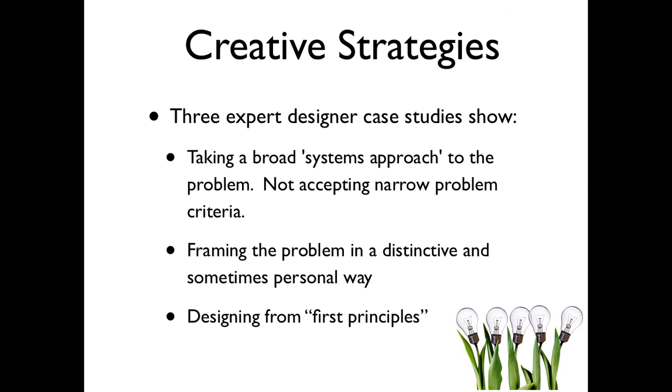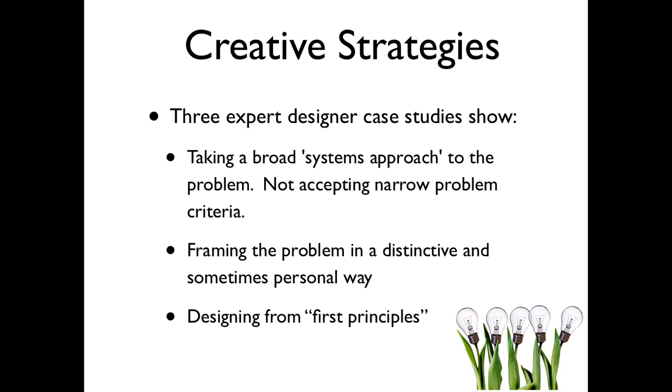In the next chapter from Cross on creative strategies, he goes through 3 case studies of expert designers and takes away some themes that seem to be common to all of them and that tell us something about the design process at the expert level. One of them is taking a broad systems approach to the problem, which basically means that you're not accepting narrow problem criteria, so that you're not so confined early on that you limit the process.